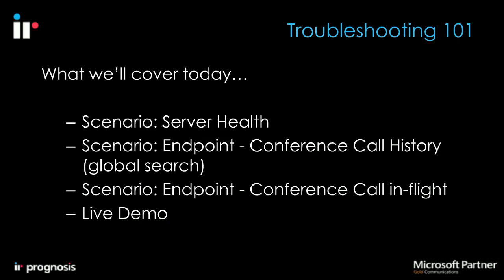So today, John and I have decided, with the short amount of time that we have, to cover how IR Prognosis covers server health, a little bit about what we see in terms of metrics around endpoints, specifically conference call history, demonstrate to you our global search feature, and also the endpoint in-flight data. So this is what we hope to demonstrate today, and hopefully we'll leave your interest piqued, and you'll join us for subsequent webinars where we go into some of the other stacks in terms of network and endpoint.